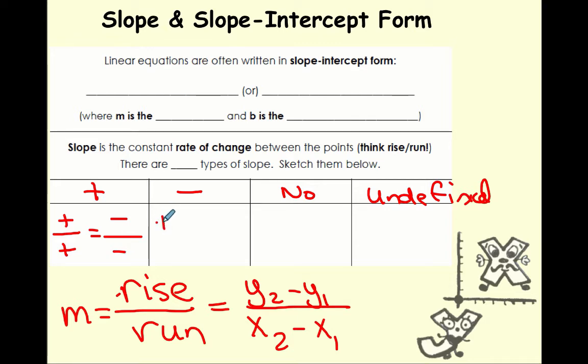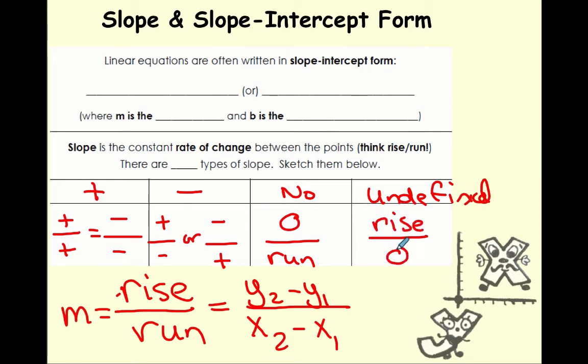Negative slopes have positive rise and negative run, or negative rise and a positive run. No slope is 0 on the top over the run. Undefined slope is rise over 0.